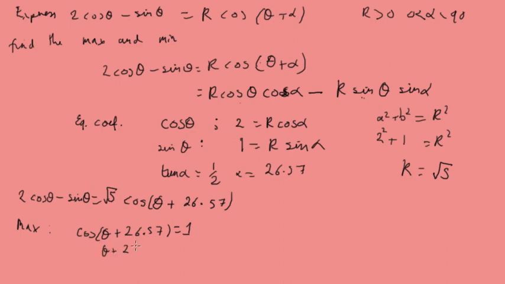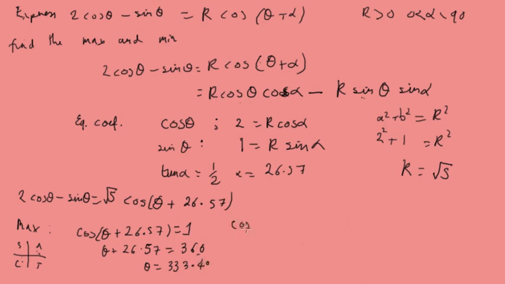So theta plus 26.57 must equal 360. And again, we've got our All Students Trust Cambridge. So this is positive, so it's going to be down here. So it's 180 plus, but that's going to take us out of our range. So we're just going to do 360 minus, so theta is 333.4.